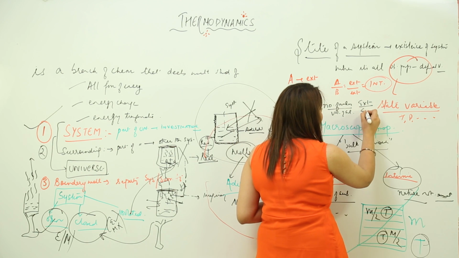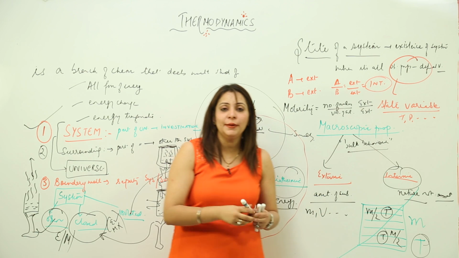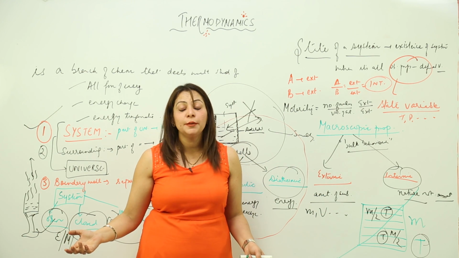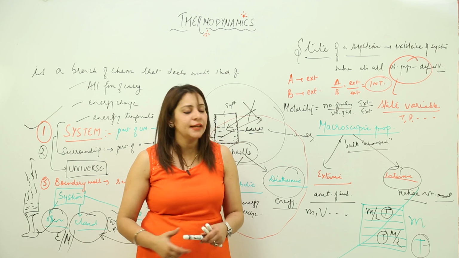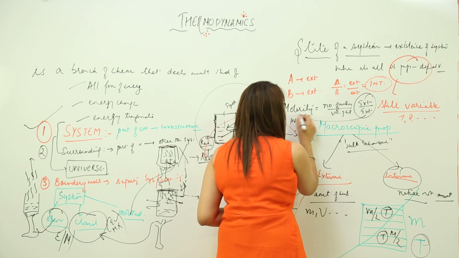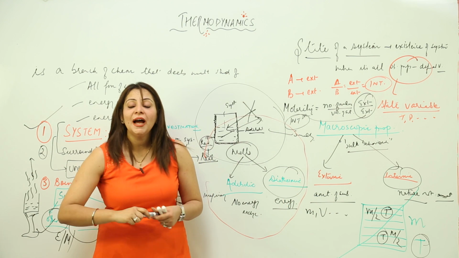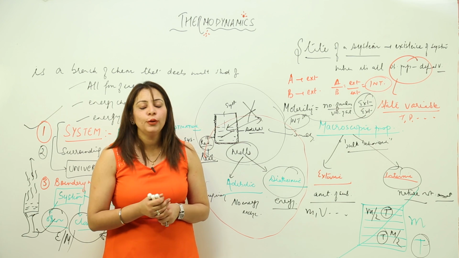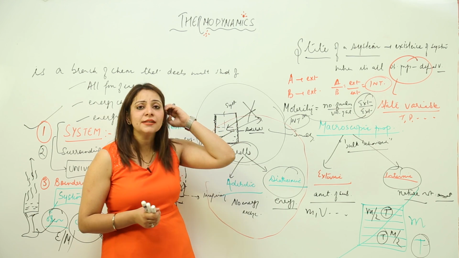And volume is again extensive, because the volume occupied by 5 moles is different from the volume occupied by 10 moles. So it depends upon the amount, so again it is extensive. But the result you get, molarity, is definitely intensive. So keep in mind the ratio of two extensive properties is always intensive.